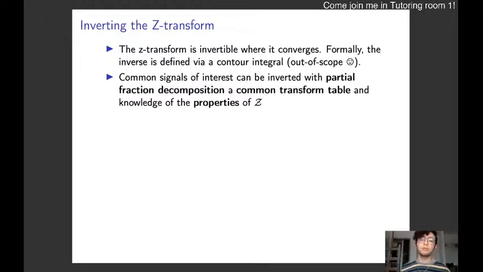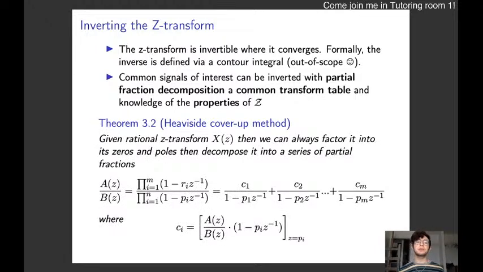So how do we actually go back? We'll use something called partial fraction decomposition. We'll take our zeros and poles, break them up, and then use a table to reconstruct our signal accordingly. This works for most of the signals that we're interested in. This is done by something called the Heaviside cover-up method. We cover up a pole, evaluate everything at that covered-up pole, and get a coefficient.